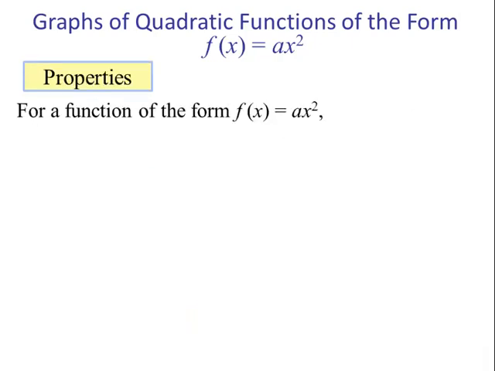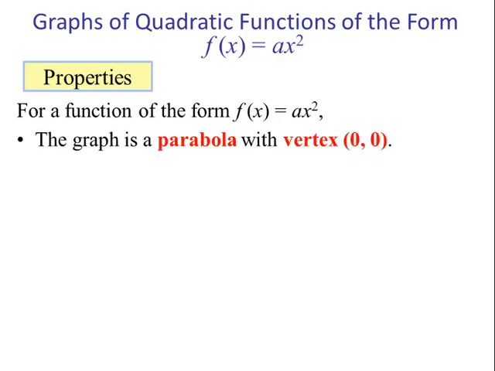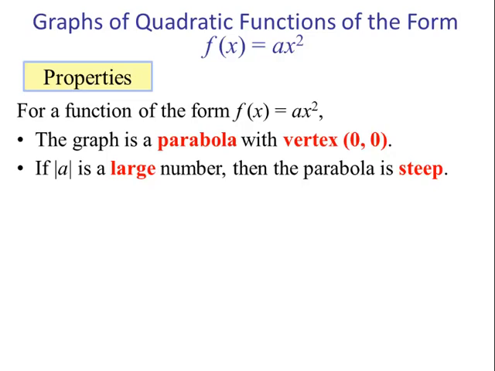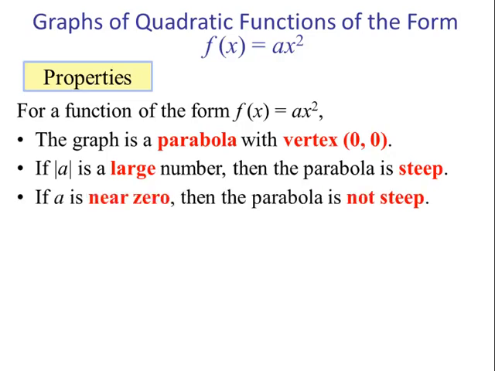Properties for the function of the form f of x equals ax squared. The graph is a parabola with vertex 0, 0; it goes through the origin. If the absolute value of a is large, then the parabola is steep. If a is near 0, then the parabola is not as steep.